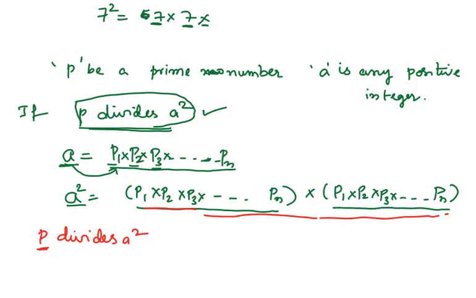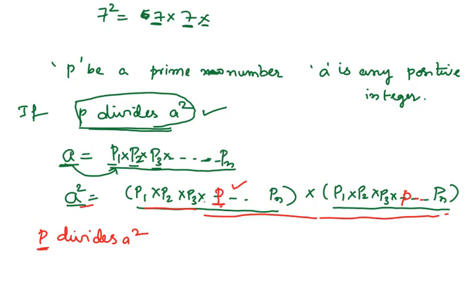So somewhere in p1, p2, p3, and so on, you can see another prime number, that is p. Not only in this factorization, you can see p in the second factorization also, because it is a square, so every number will be repeating twice.